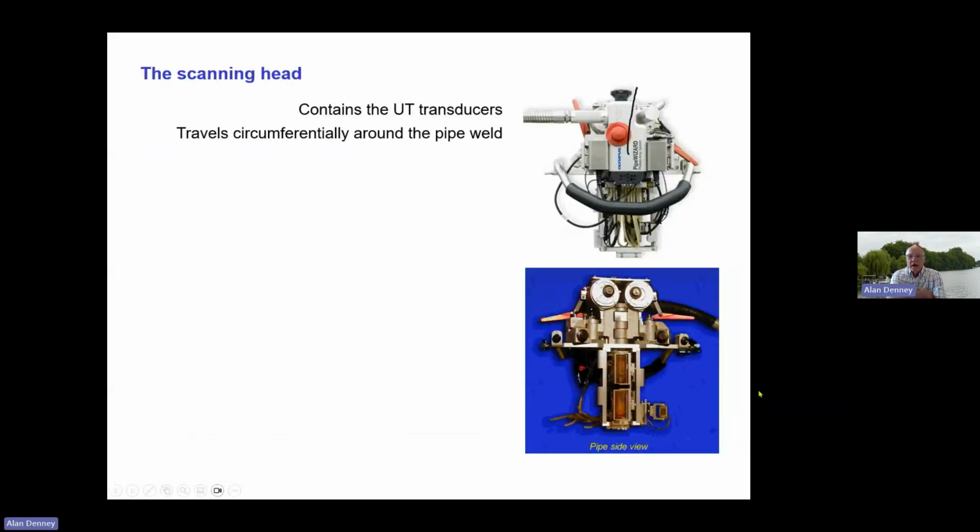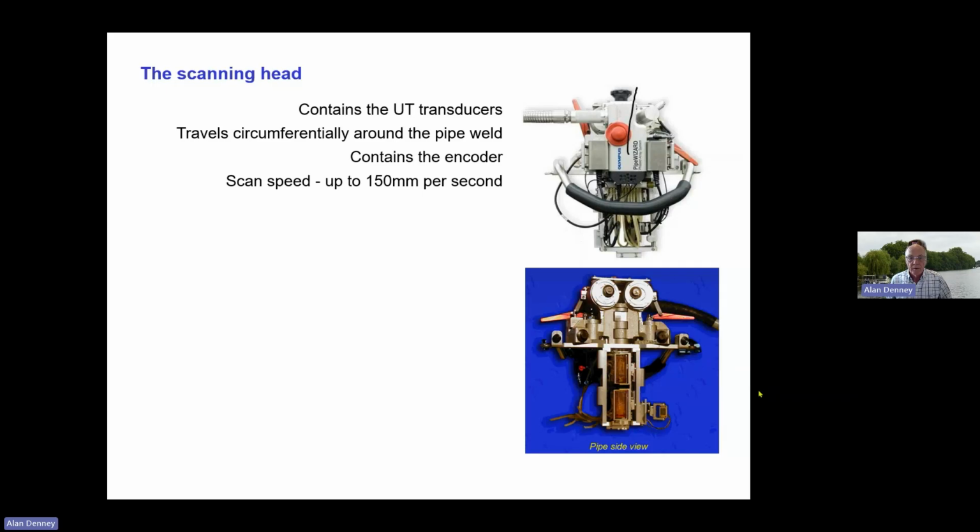So what have we got there? We've got the UT head, which travels circumferentially around the pipe weld. And that head has basically two probes in it, which you can see as the rectangles in the bottom image there. Those are phased array probes. In fact, they can also generate time of flight diffraction signals as well. So they're very, very sophisticated probes.